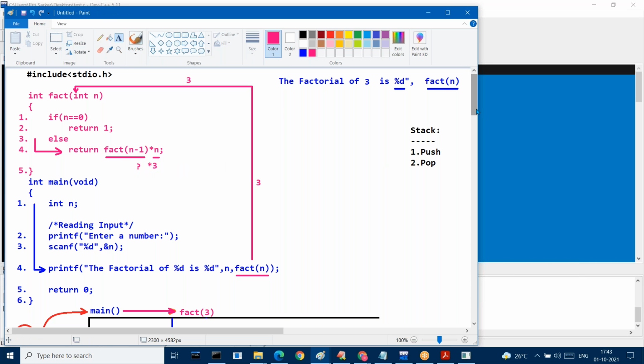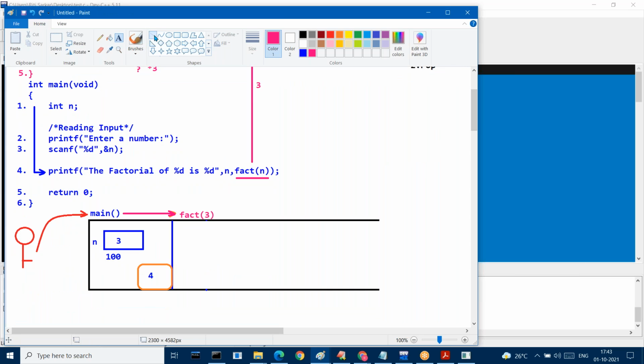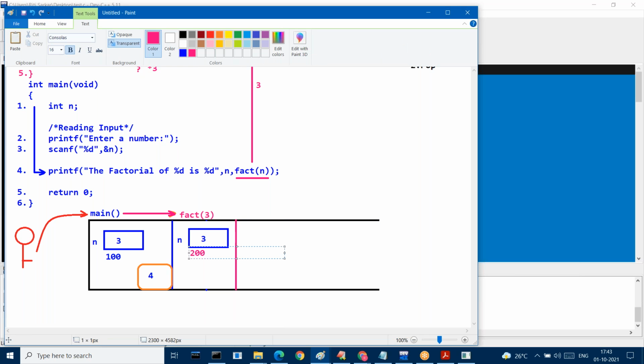So fact 3 was executing, sir, progressing superbly. N value captured as 3, in his own memory location, some value 200.